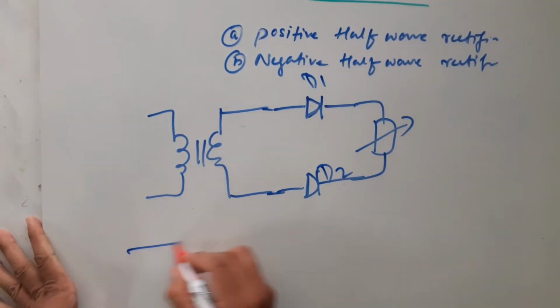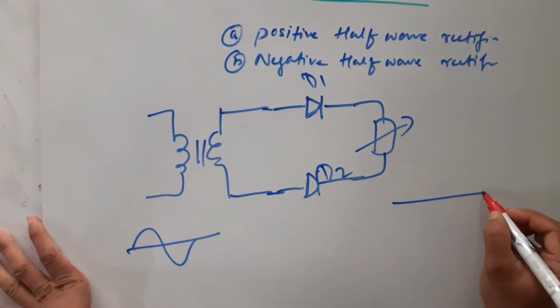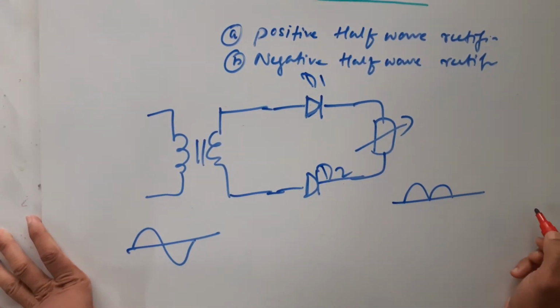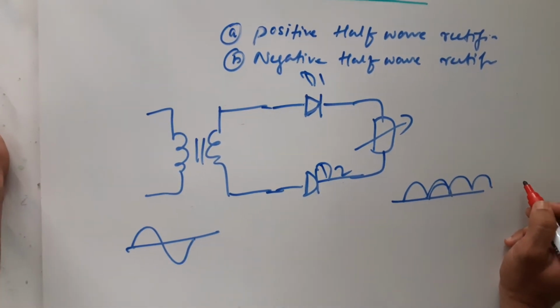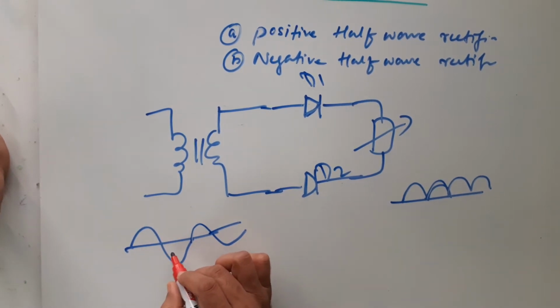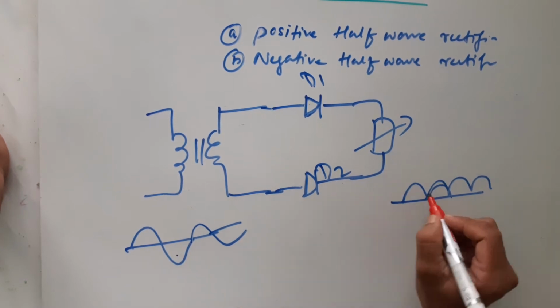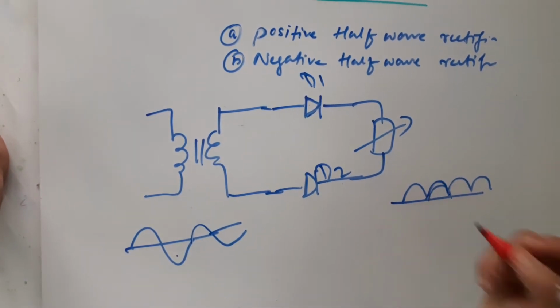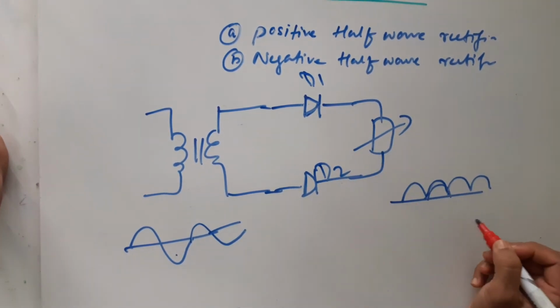If you give AC voltage here, you will get DC voltage, right? Direct current. The positive half cycle passes as positive, and the negative half cycle is inverted and comes here. This is with the help of diodes.